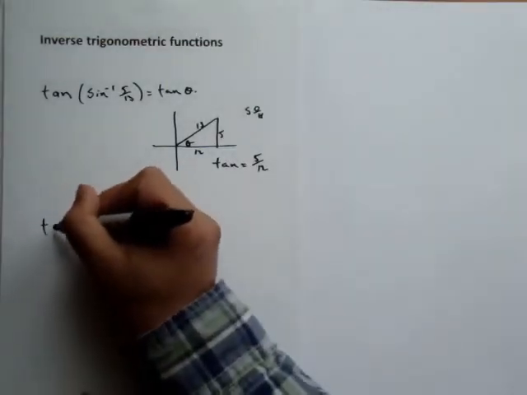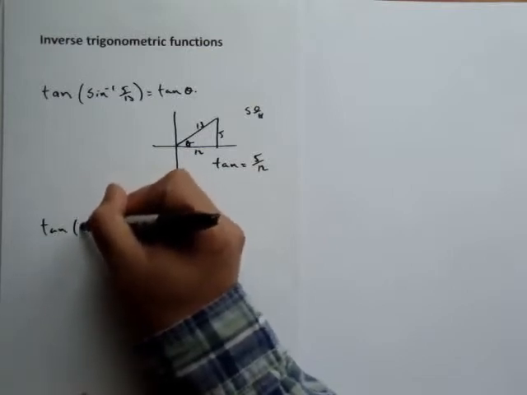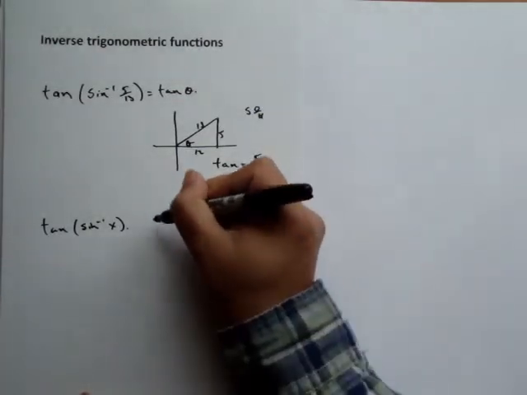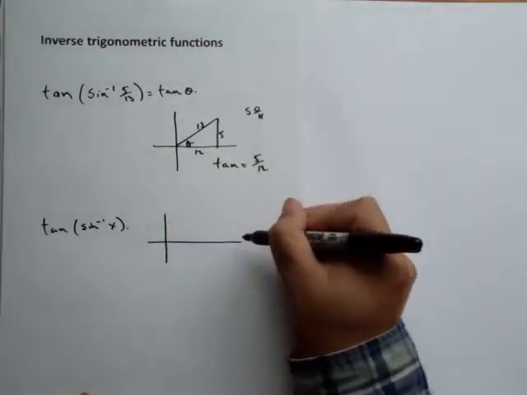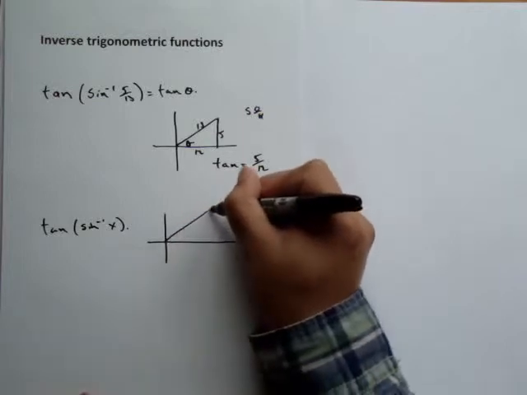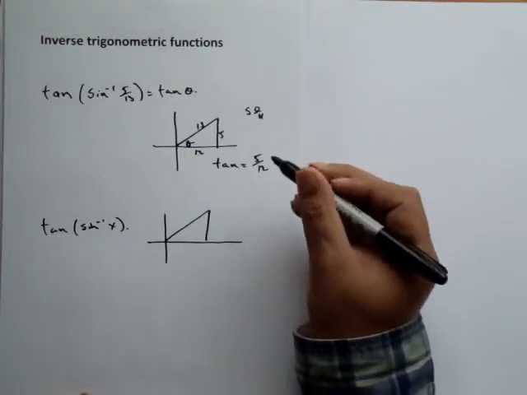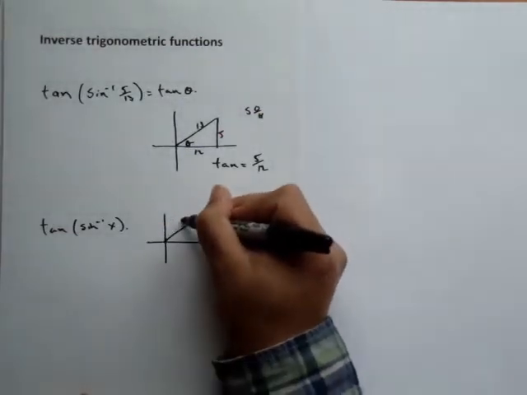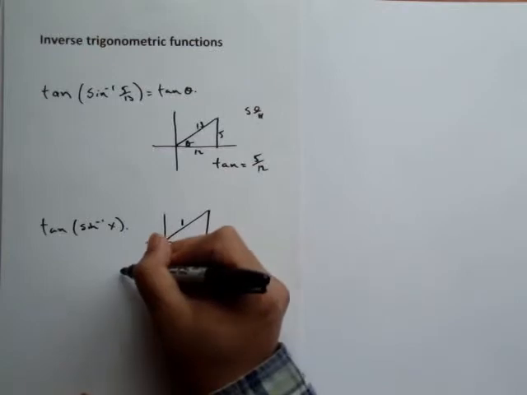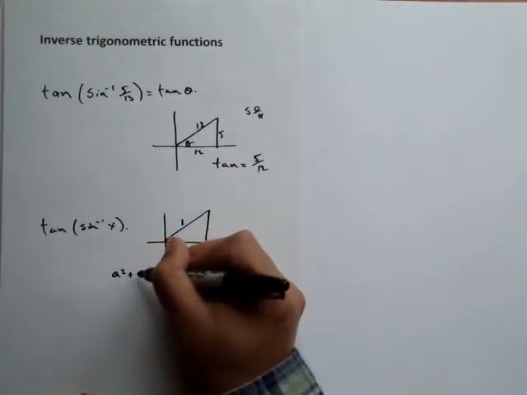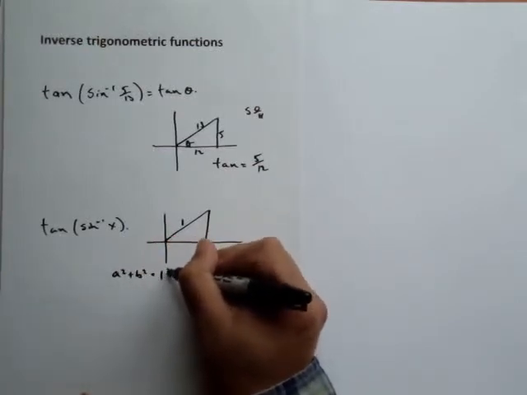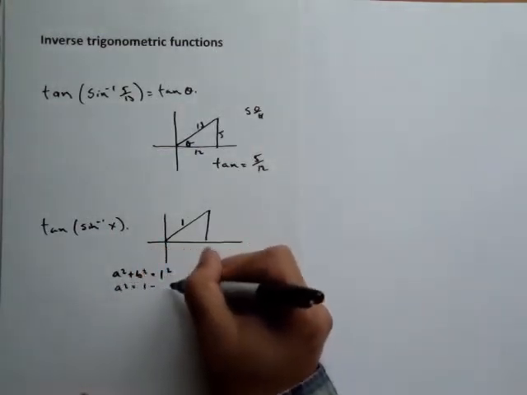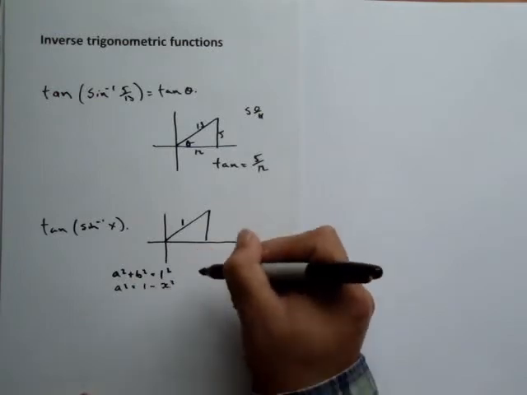So look at tan inverse sine x. So we draw our triangle. This time, if we look at our hypotenuse, call that 1. So from Pythagoras we have a squared plus b squared equals 1 squared. So our a squared equals 1 minus x squared.